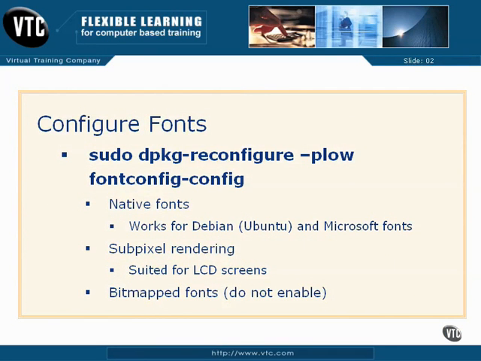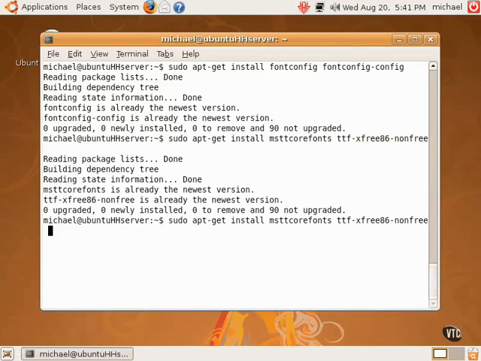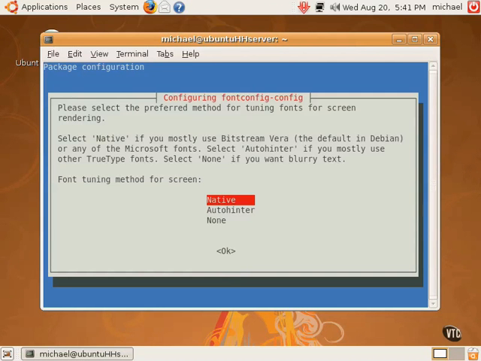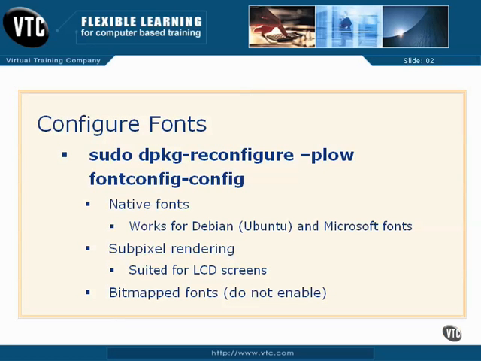To configure or reconfigure fonts, I often start by running the following command: sudo dpkg-reconfigure -plow fontconfig-config, with low for low level of detail. Note, even when configuring low level details, you'll run into just 3 questions here.